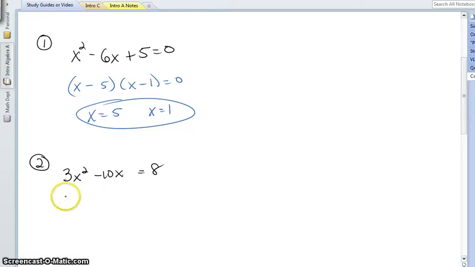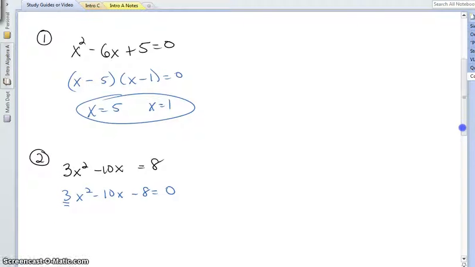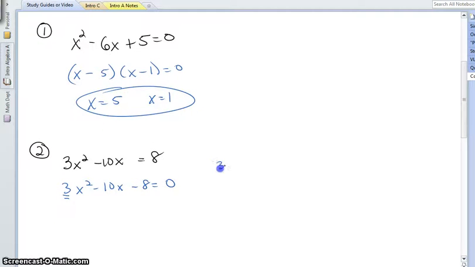For this problem, you have a leading coefficient that doesn't lend itself to completing the square very easily. So I would not choose completing the square for something with a leading coefficient such as this. I would next look to see if factoring is an option. 3 times negative 8 is negative 24. Negative 6 and positive 4 do not add up to negative 10.